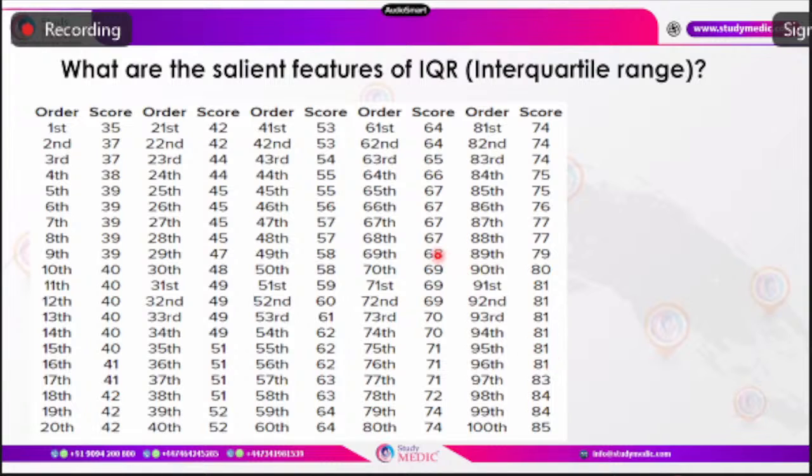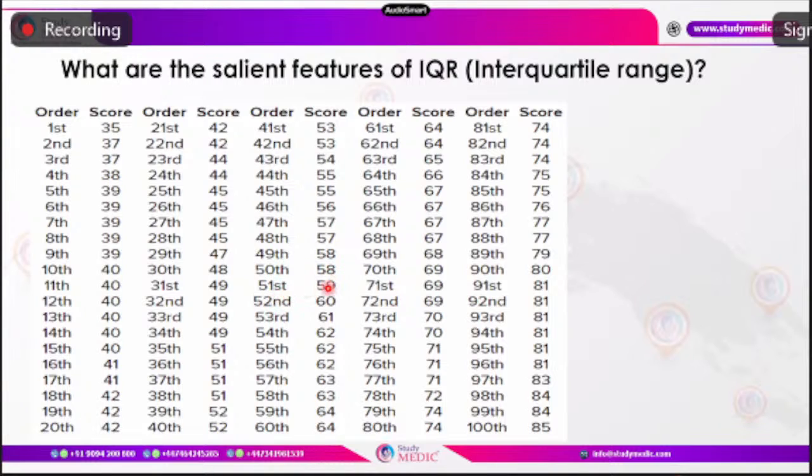Now let us see what the median is here. We remember that when n is an even number, the median is the average of the two centralmost values. It is the n by 2th value and the next value. What is n by 2? The 50th value, and the next is the 51st value.